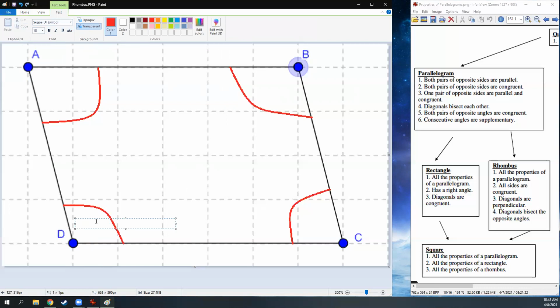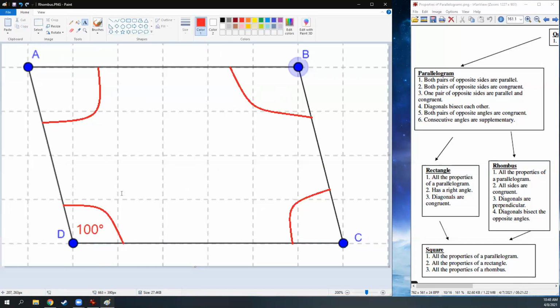So what you can do, let's say this one would be 100 degrees, right? It says consecutive angles are supplementary. So I know D and A are consecutive, right? If I go from D and drag my finger across to A, that's the next angle I run into, so that is consecutive. And it also says they are supplementary.